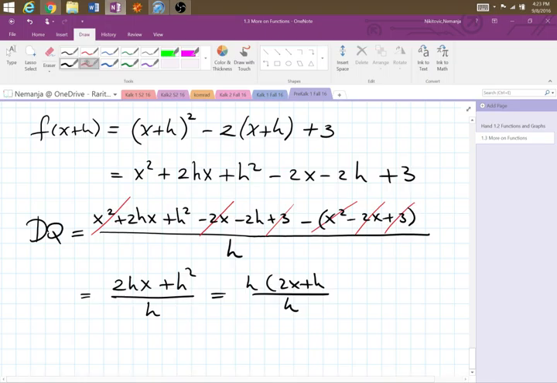Cancel h's. And there is our answer: 2x plus h. It is a procedure. It takes some time for this to sink in. But once you get it, it should be a routine.